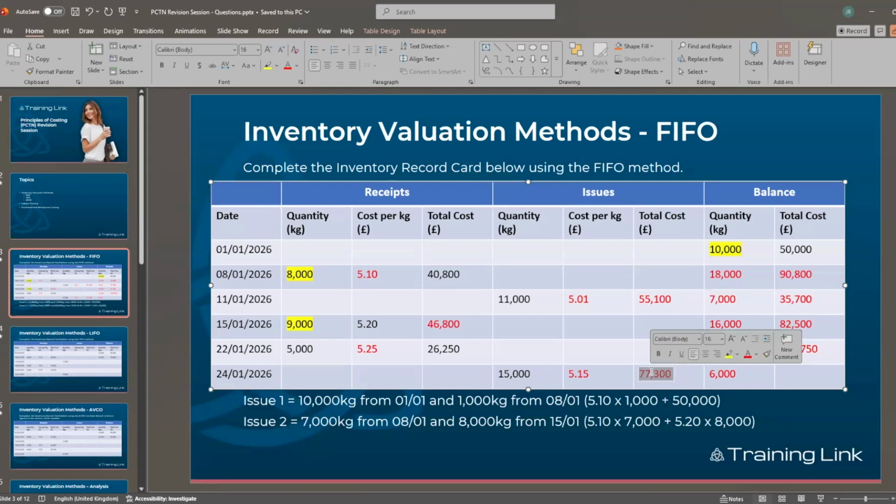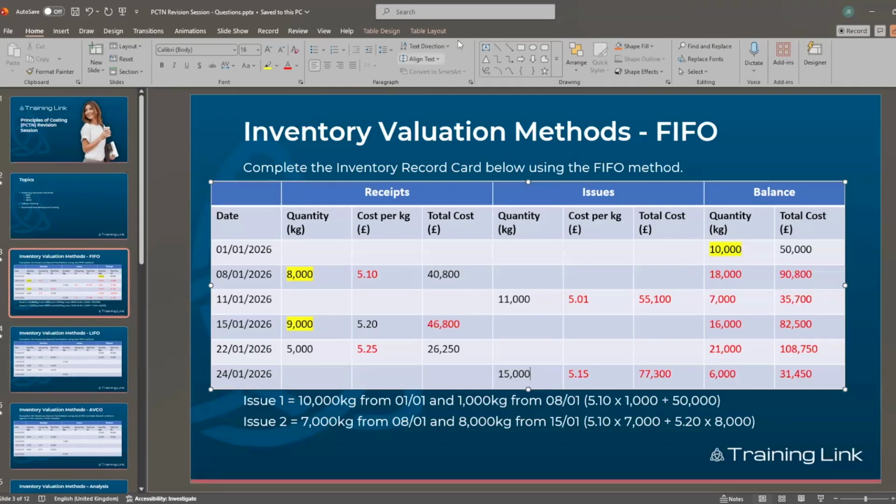The total cost of what we just issued is 77,300, so what's left is 31,450, which is the valuation for the 6,000 we have remaining. So just remember what you've used, and that makes sure that when you've got these multiple issues, you remember where you've taken these figures from.